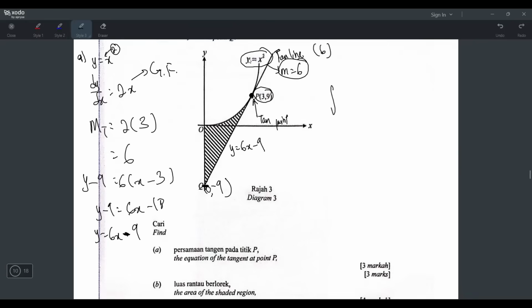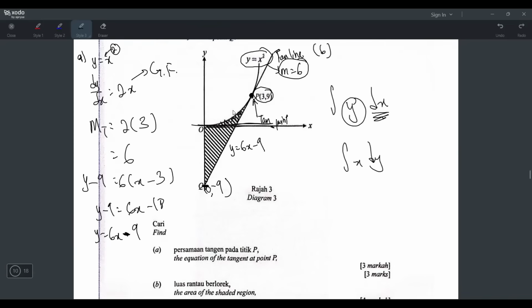Because if you integrate towards x-axis, this will be your y, since the formula is either integrate y dx or integrate x dy. So if we integrate towards x-axis, inside is y, and the y I can use the y equals here. So what will happen? If you integrate towards x, this region up here, because you're using x-axis, right?